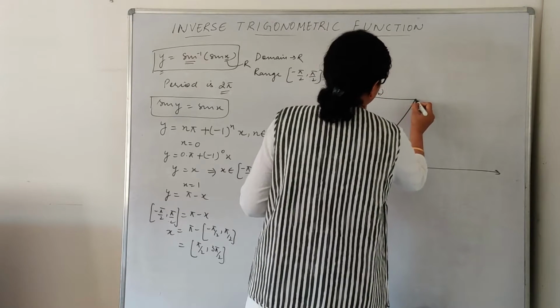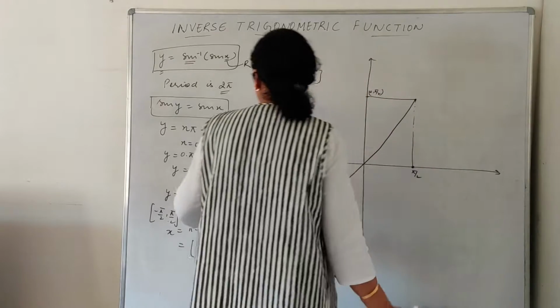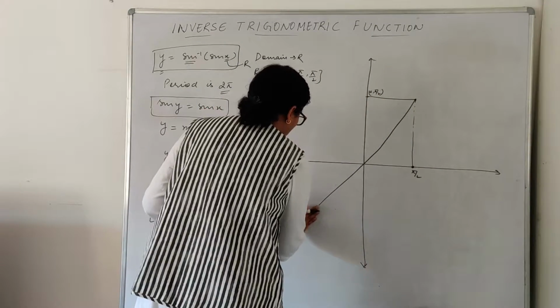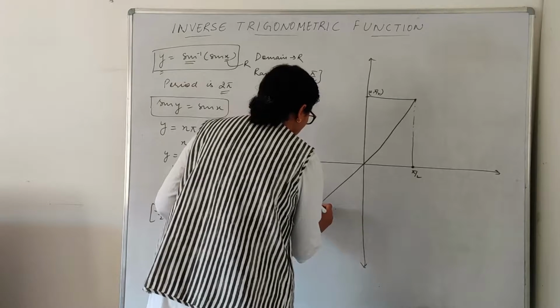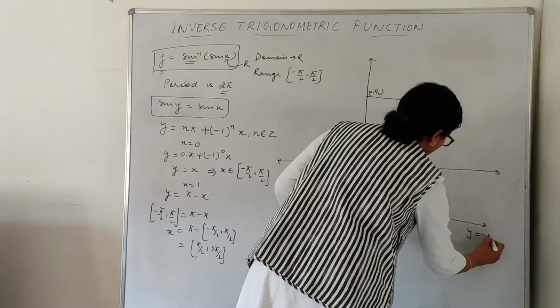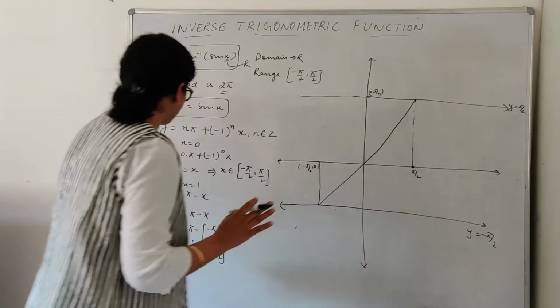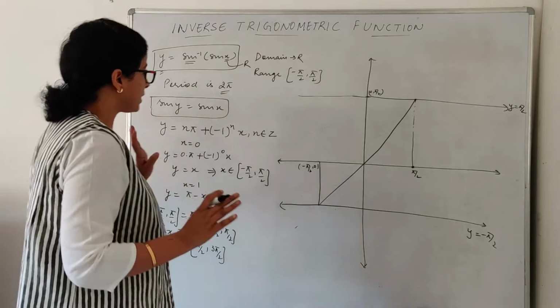So this part will also be pi by 2 because x and y are equal. Now if I am talking about this part, if this is minus pi by 2, this will also be minus pi by 2 comma 0. This is my line, y is equal to pi by 2. Now let us check for y is equal to pi minus x.